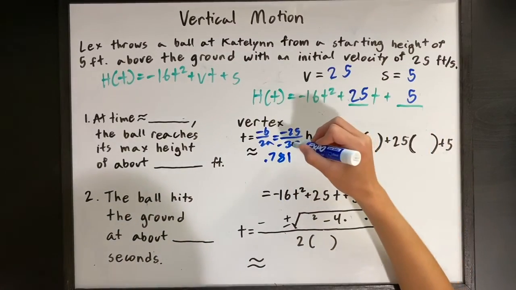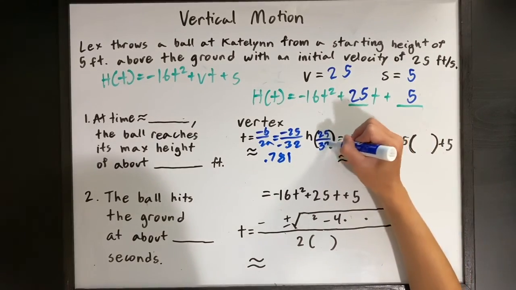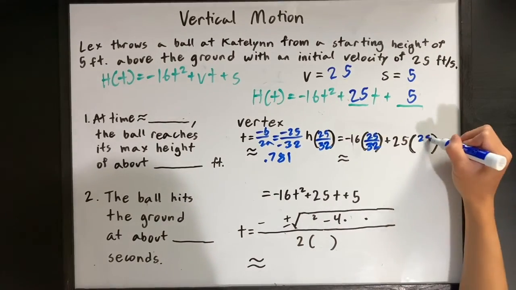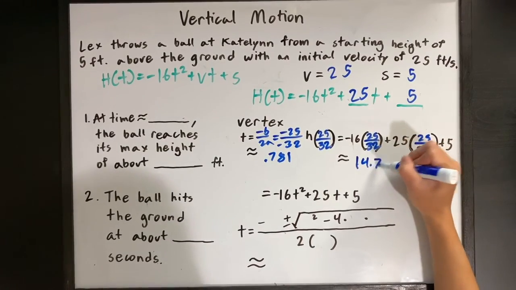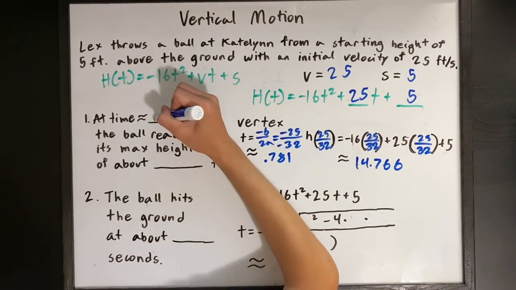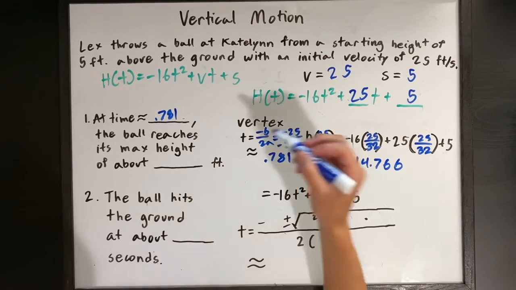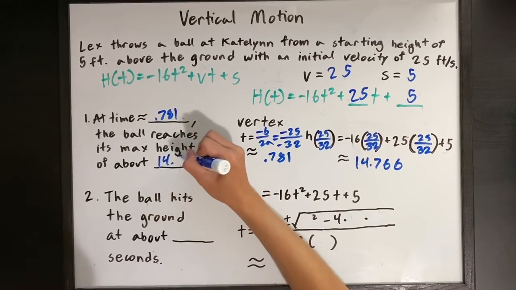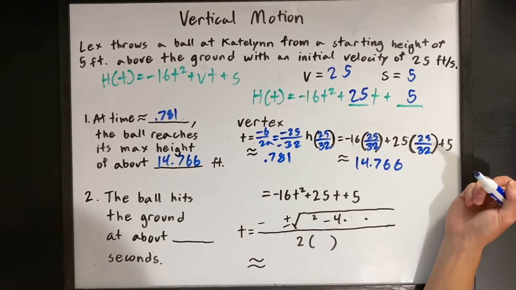We can substitute that time into the equation to find the maximum height, which is about 14.766 feet. So at time 0.781 seconds, the ball reaches its maximum height of about 14.766 feet.